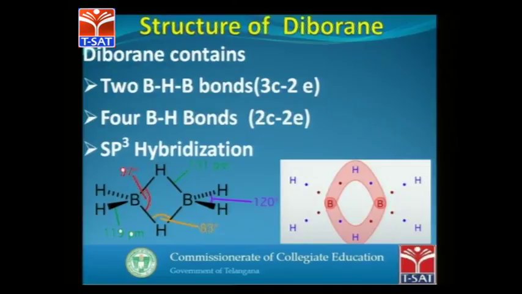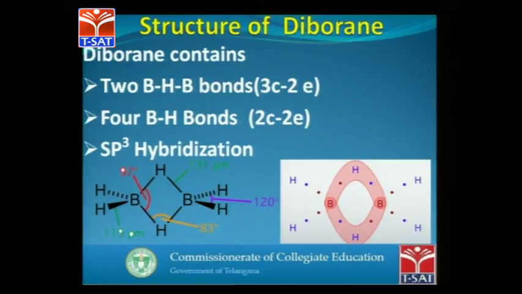When we see the structure carefully, this BH bond length is 1.19 angstroms, so all BH bond lengths are not equal, and the angles are also not equal. The bond angle between the terminal hydrogens is 120 degrees and between the bridging ones it is 83 degrees, as we can observe from the structure.